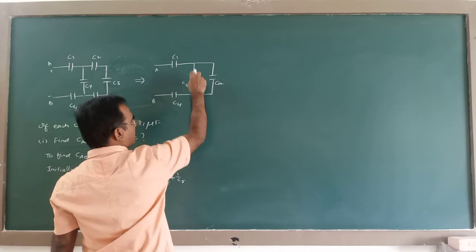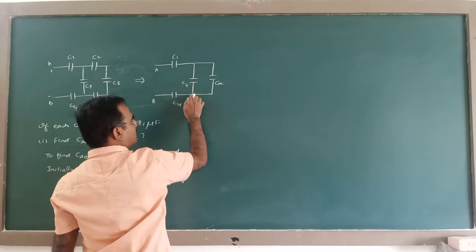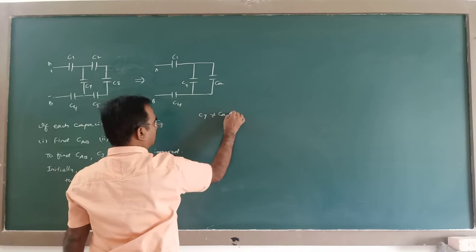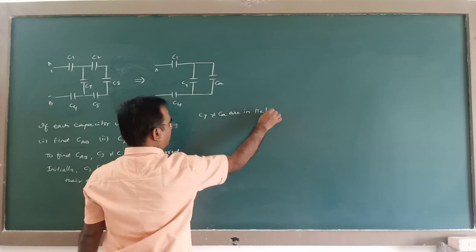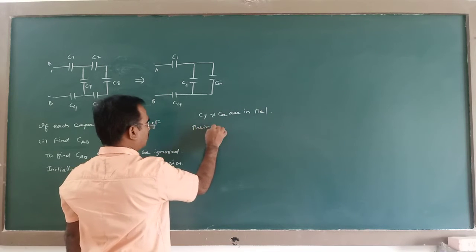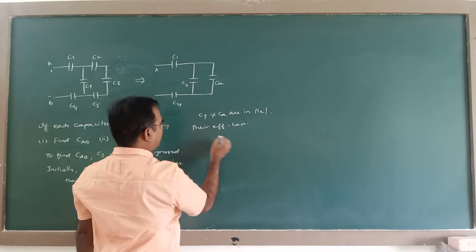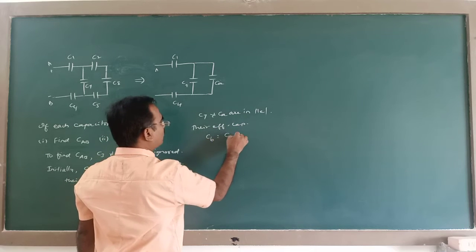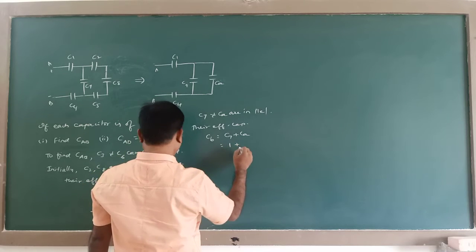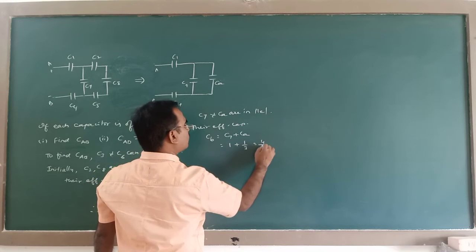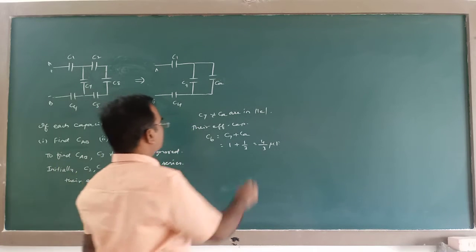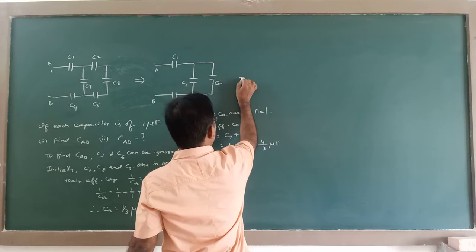Parallel connection means connected between 2 common points. Their effective capacitance CB is equal to C7 plus CA, that is 1 plus 1 by 3, which is 4 divided by 3 microfarad.